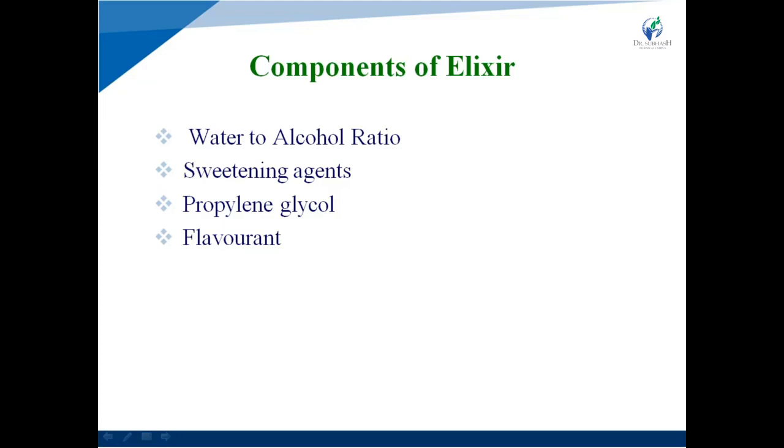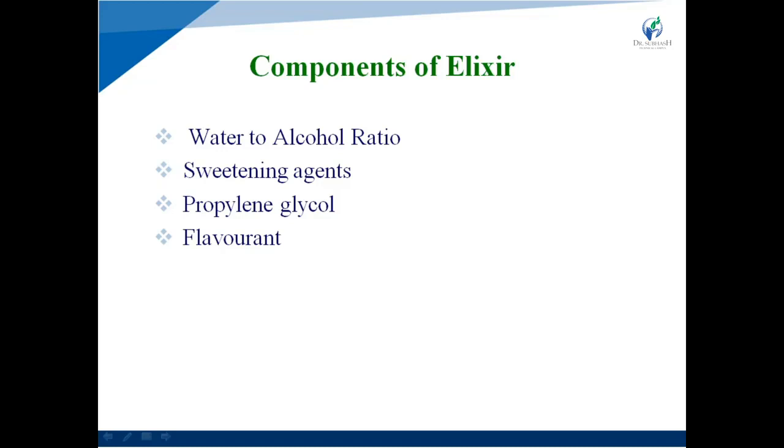Elixirs having a high alcoholic content usually use an artificial sweetener such as saccharin, which is required in very small amount, rather than sucrose, which is only slightly soluble in alcohol and is required in greater quantity for equivalent sweetness.